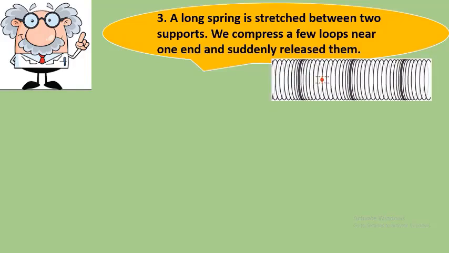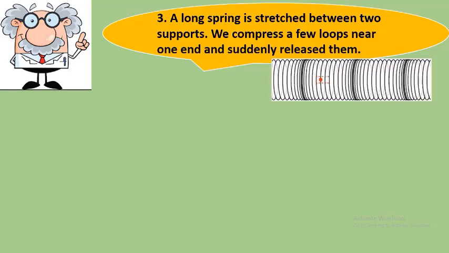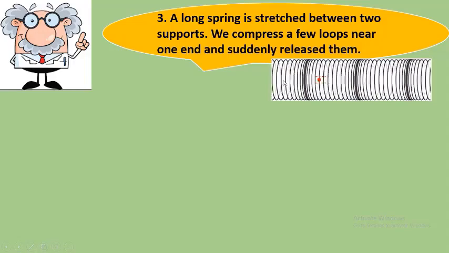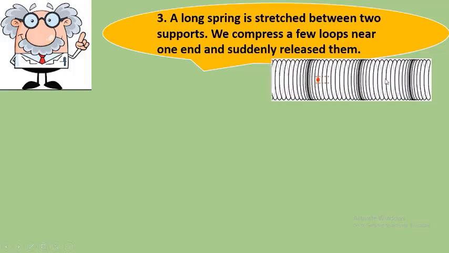You can see very clearly that there is a compression moving through the spring. So the loops are all these circles in the spring, and as we compress it from one end, the compression starts to move through and produce a wave.